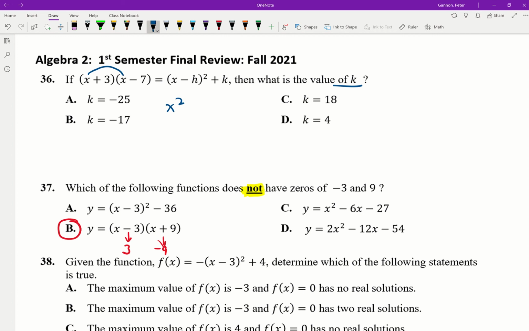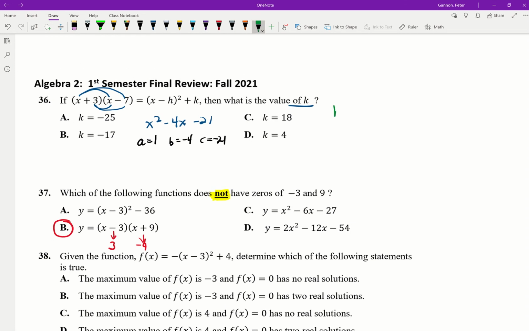So it's x squared, negative 7x here, positive 3x there, gives us negative 4x, and then that's negative 21. So a is 1, b is negative 4, c is negative 21. Find h using negative b over 2a. So it's negative 4 over 2 times 1. 4 divided by 2 is 2.